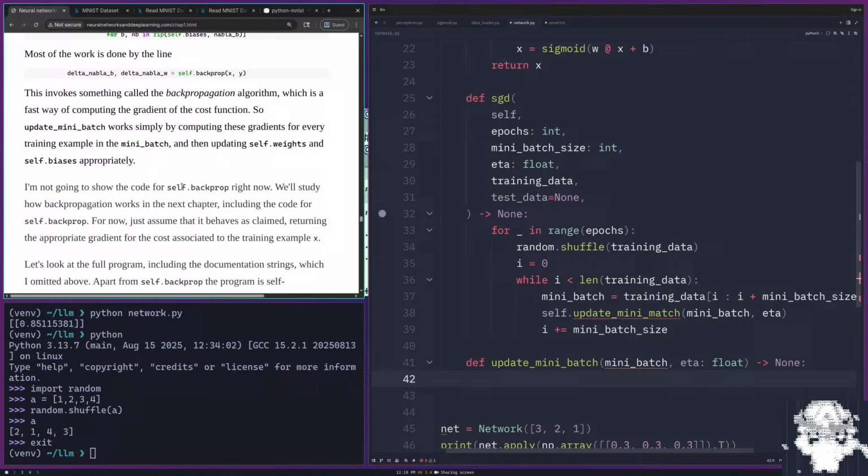We'll study how backpropagation works in the next chapter, including the code for self.backprop. For now, just assume that it behaves as claimed, returning the appropriate gradient for the cost associated to the training example x. So backprop returns the gradient of the cost function with respect to the b's and the w's.